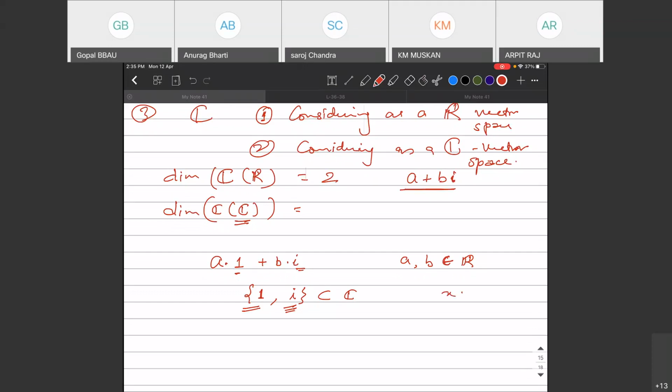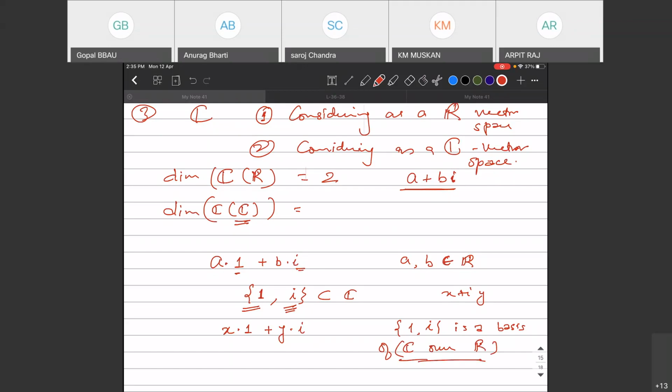So someone said x plus iy is a complex number. You can write this x plus iy as a linear combination of these two, 1 comma i: x dot 1 plus y dot i. Okay, in this way 1 comma i is a basis of C over R, of this vector space.